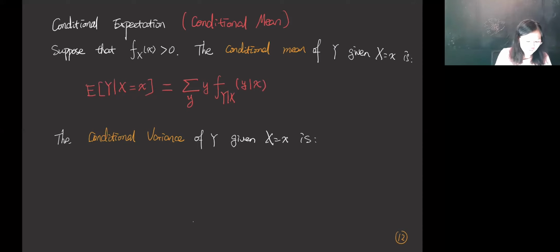Similarly, we can also define the conditional variance of y given x equals little x. So the conditional variance is the average of the deviation from the mean, and now the mean is the conditional mean, squared, weighted by the conditional distribution.